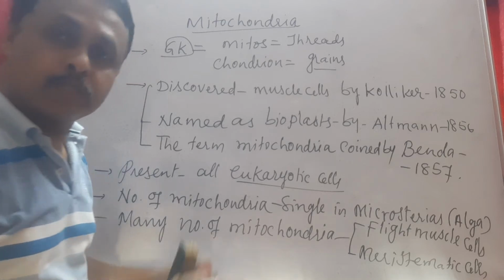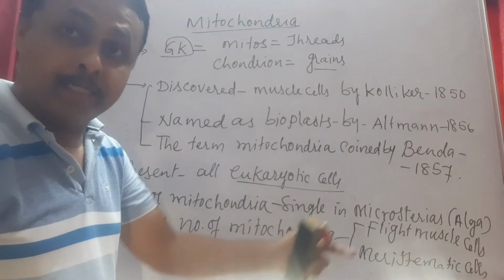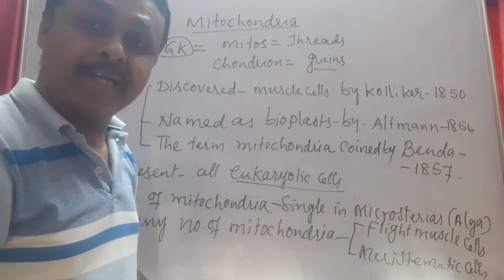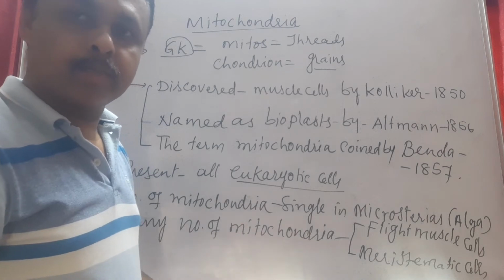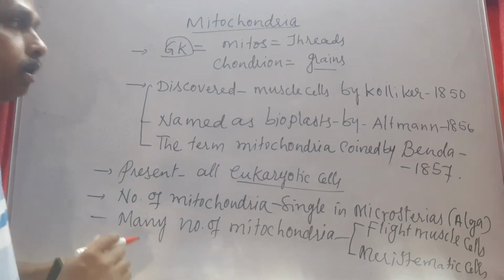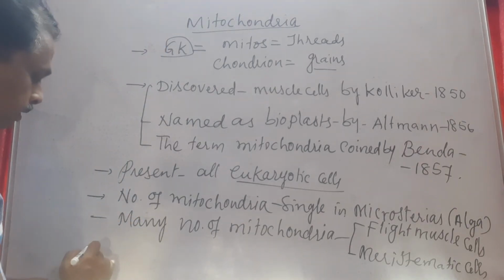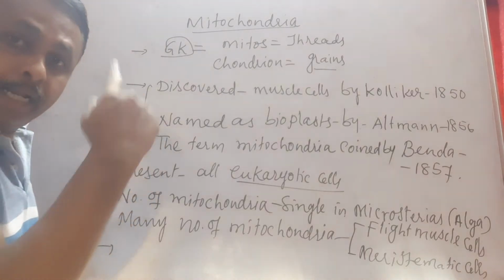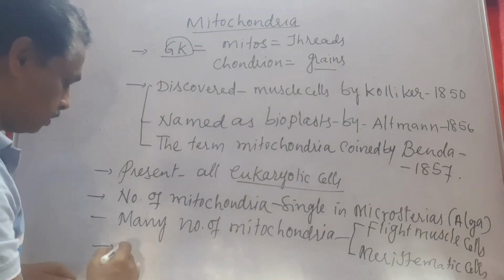Flight muscle cells are present in birds, whereas meristematic cells are present in plants. That means the number of mitochondria will be more in animals than plants.